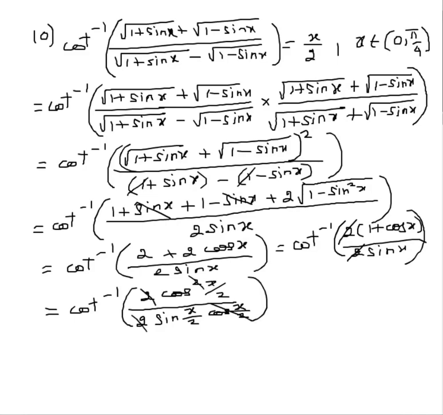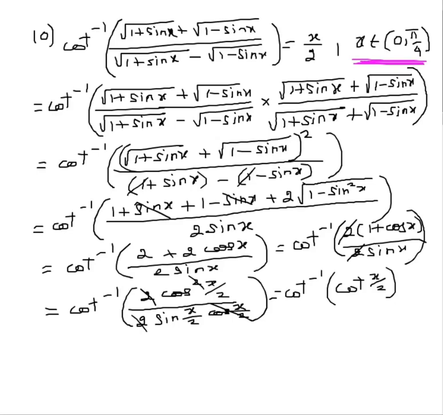It becomes cot inverse of cos x by 2 by sin x by 2, which will be cot x by 2. We can cancel cot inverse and cot if x by 2 is in the principal value branch. It is given that x belongs to the open interval 0 to pi by 4.